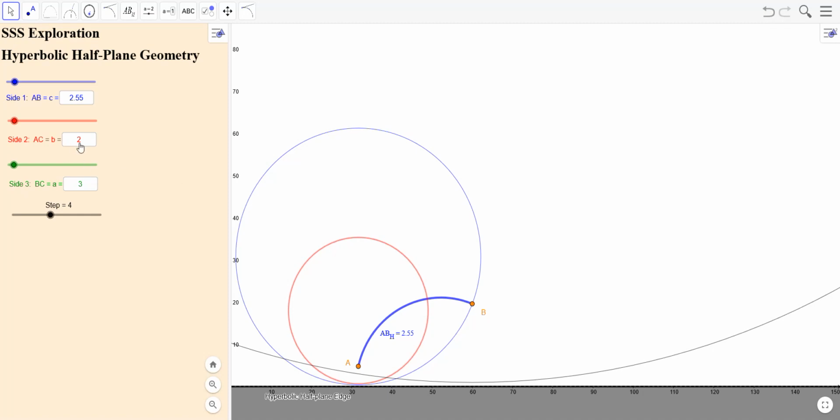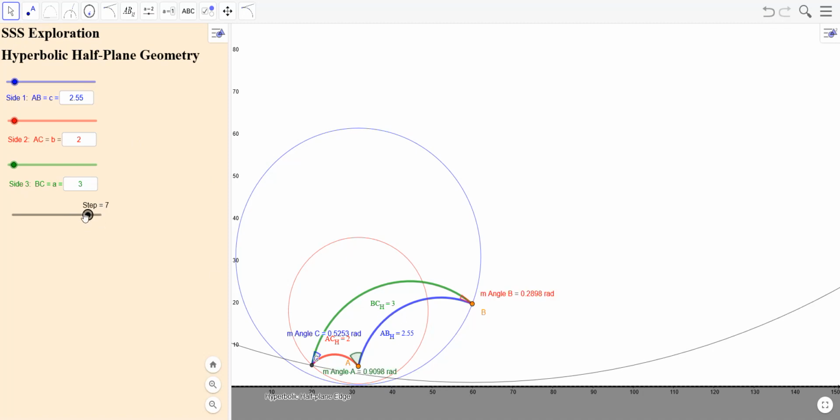That circle is a distance right now of 2 from A. It also has to be a distance of 3 from B. That would place it on this circle down here. And there's actually two places that they meet. There's one of them right there. And we can complete the triangle with our hyperbolic line segments. Notice that these are the indicated lengths.